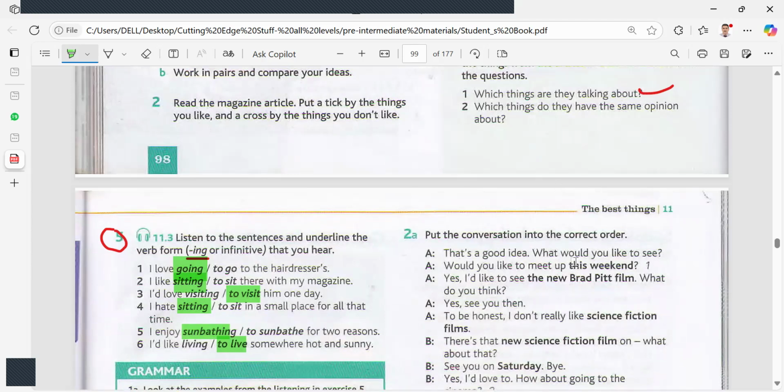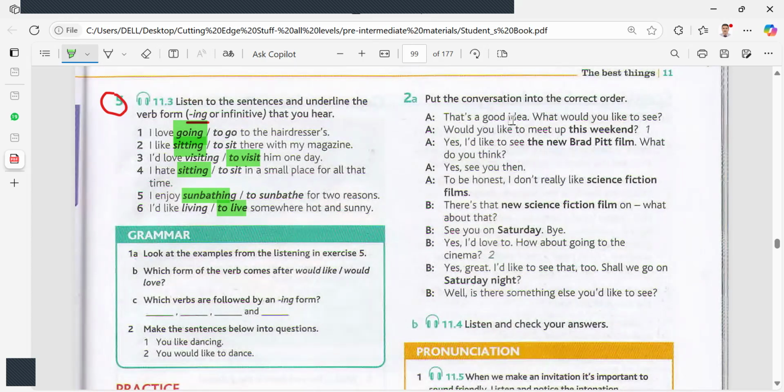Okay, so now here, put this conversation in the correct order, Jude. Here, that's a good idea. What would you like to see? Would you like to meet up this weekend? This is number one. So try to arrange it. What next?